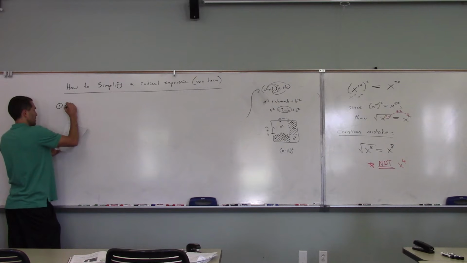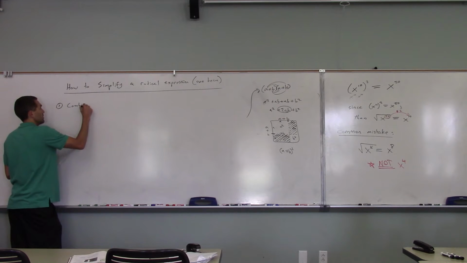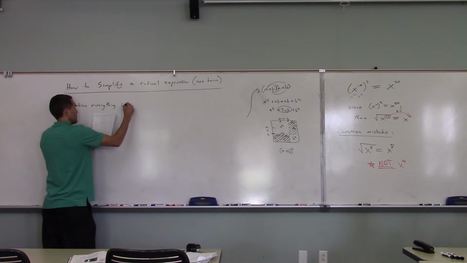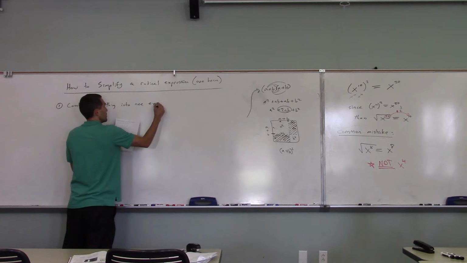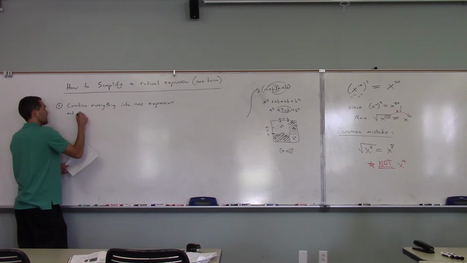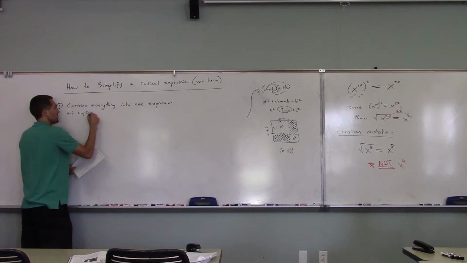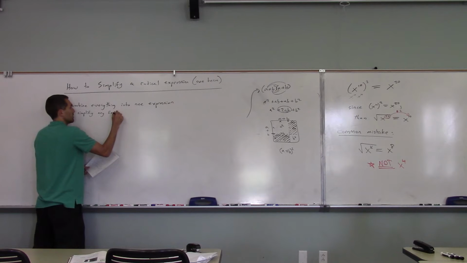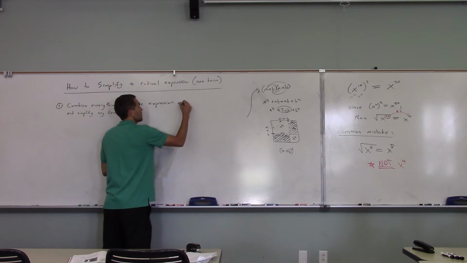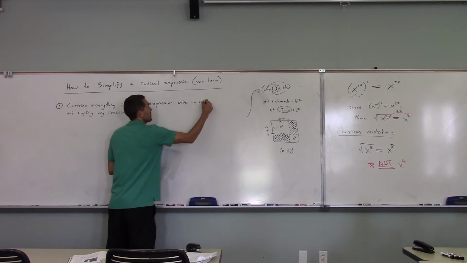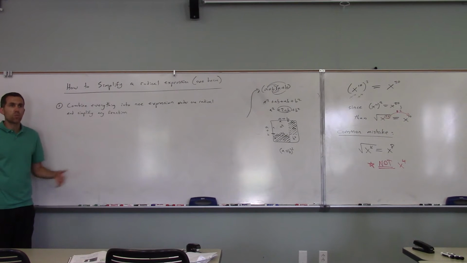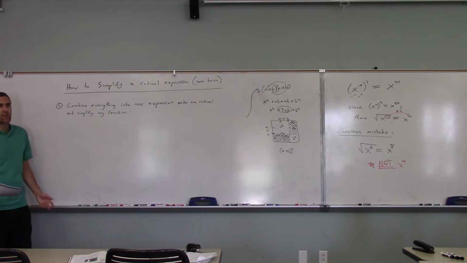Step 1. Combine everything into one big radical, one big expression under one radical sign, and then simplify any fraction.